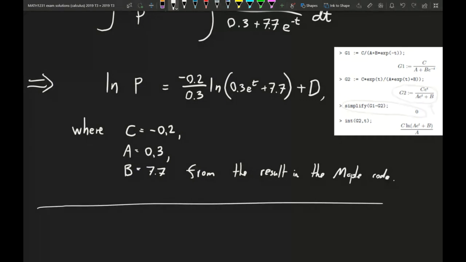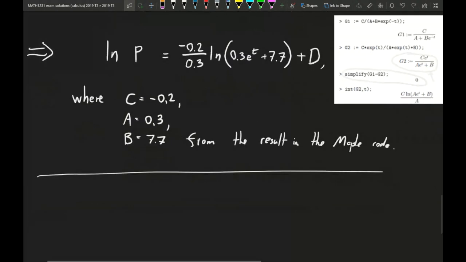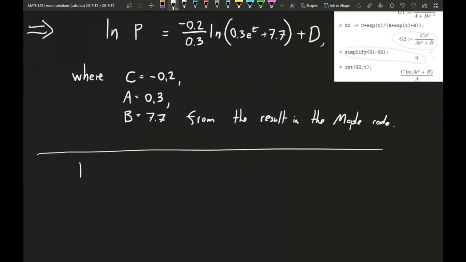Okay, now you could solve for d at this point but it actually doesn't look like it's too hard to get an expression for P first. So I think we should probably clean it up a bit, then apply the initial condition. So taking logs. Oh, sorry, no, taking exponentials. Cancel out the logs.